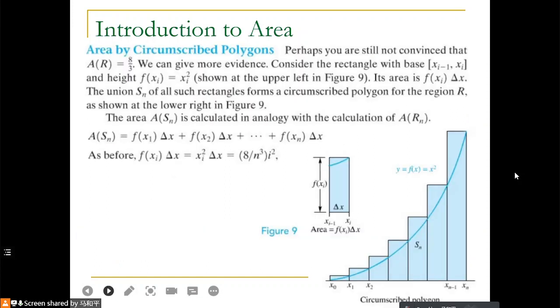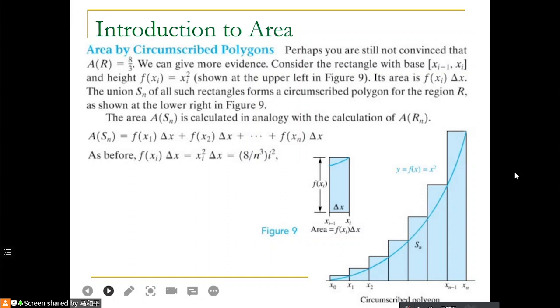And now we will use the circumscribed polygons. Perhaps you are still not convinced, right? AR is 8 over 3. We can give more evidence. Consider a rectangle with base x sub i minus 1 to x sub i, and the height is f of x i, which is x squared.